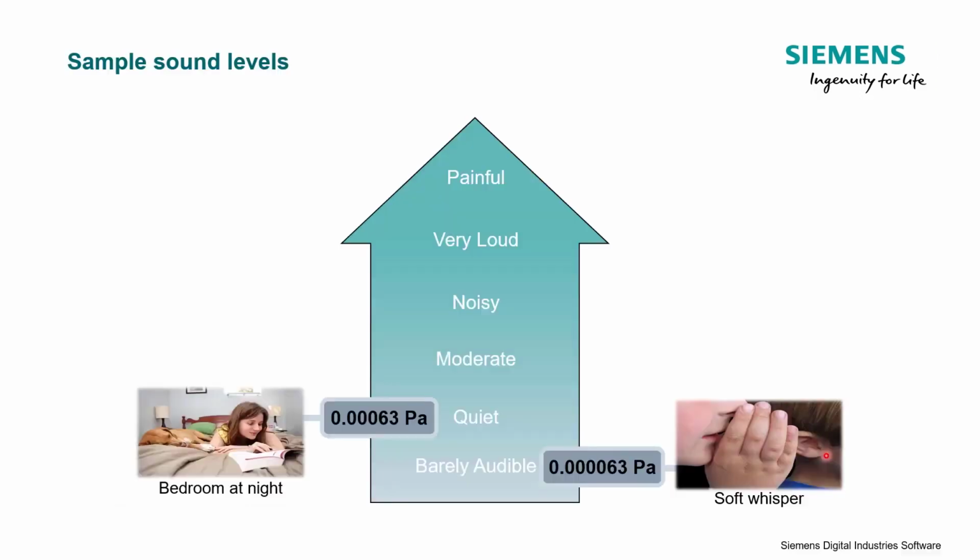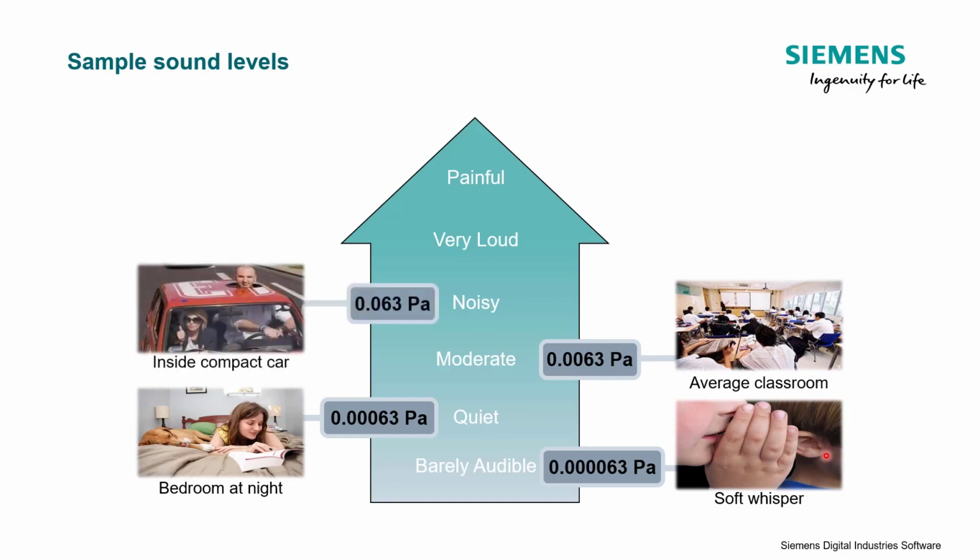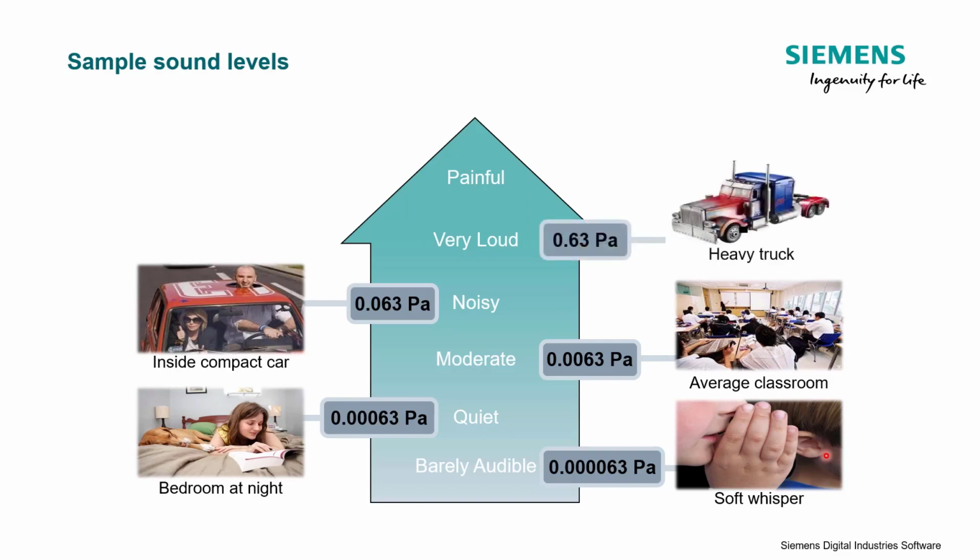Going up to something we'd call quiet, it's 0.00063, so we've dropped a 0. Moderately noisy is 0.0063, drop another 0. Noisy is 0.063. Something very loud like a heavy truck is 63 hundredths of a pascal, or 6/10 of a pascal, okay?